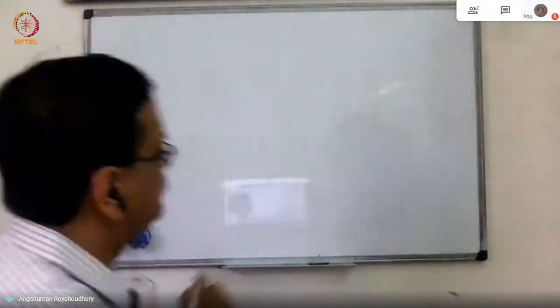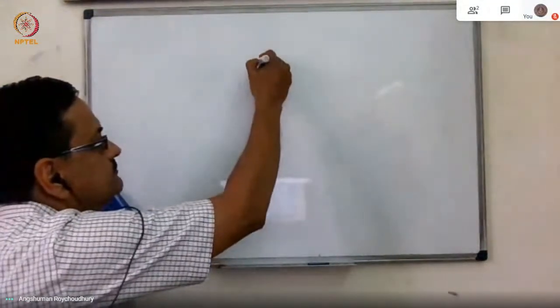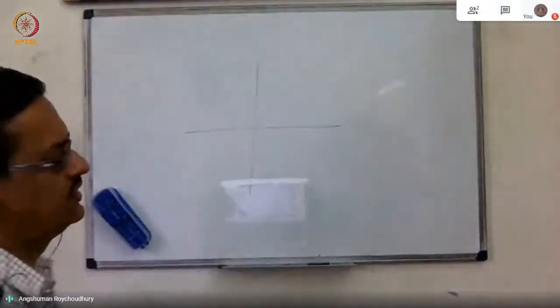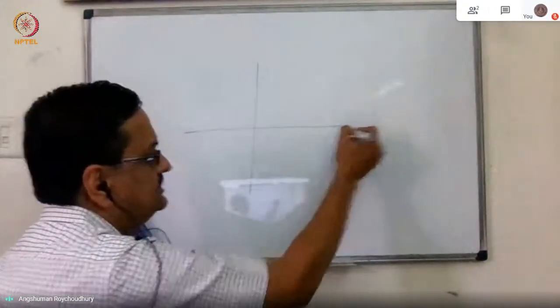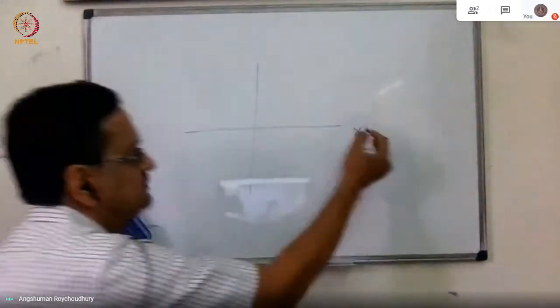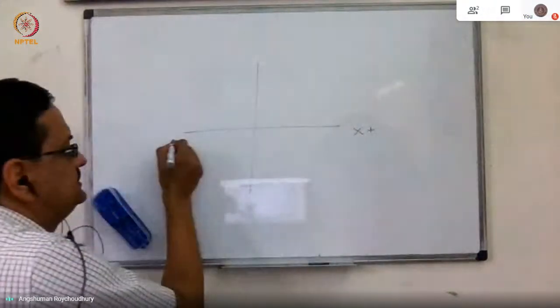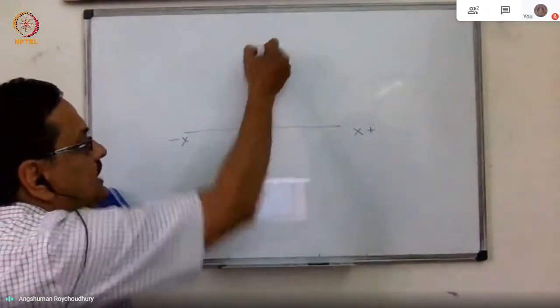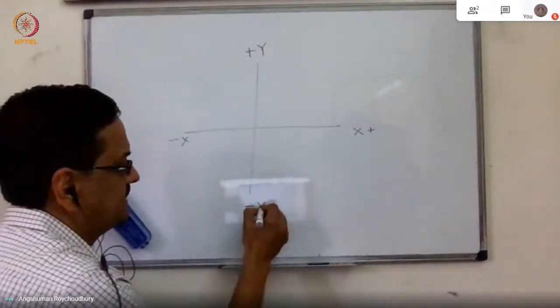Now let us take one example. Suppose I have a two-dimensional coordinate system where this is x in the positive direction and this is the negative direction. That is positive direction of y and this is negative direction of y.